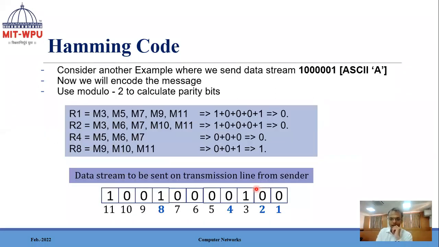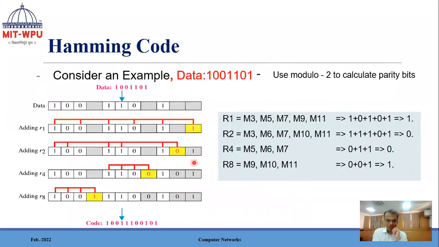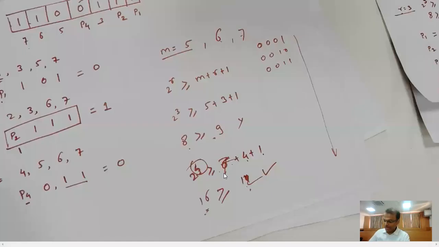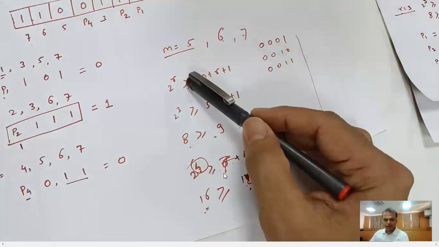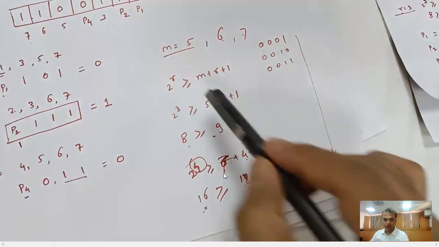Now, while you are writing the program for this calculation, how will you find out the number of redundant bits? You have to keep checking for the correct value of R which satisfies this formula.